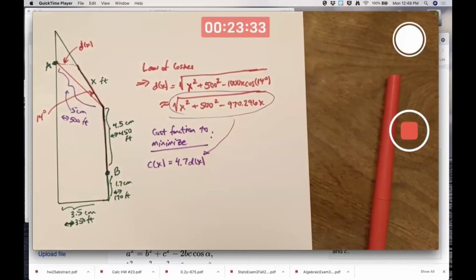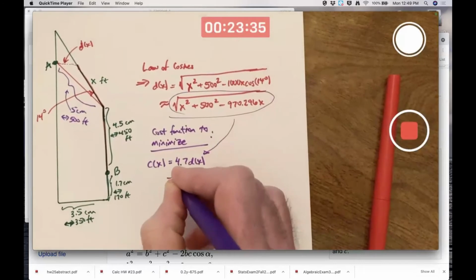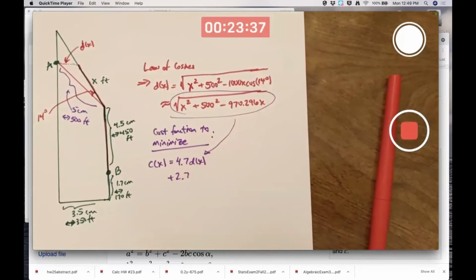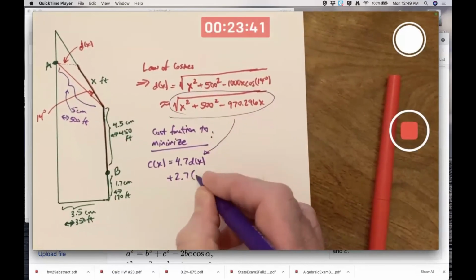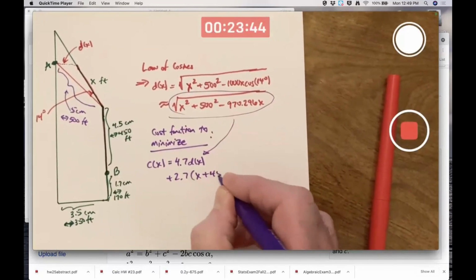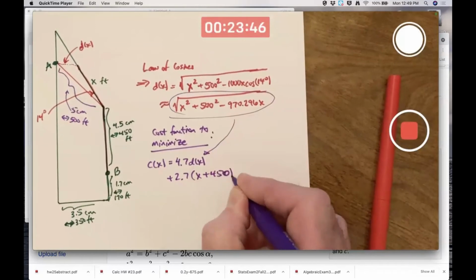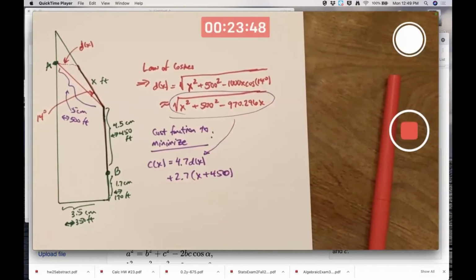To save time, I won't rewrite it. Plus 2.7 times the sum of x and 450. That make sense?